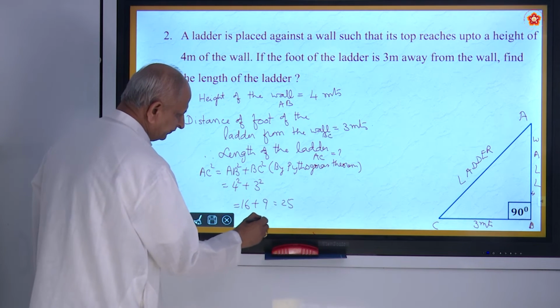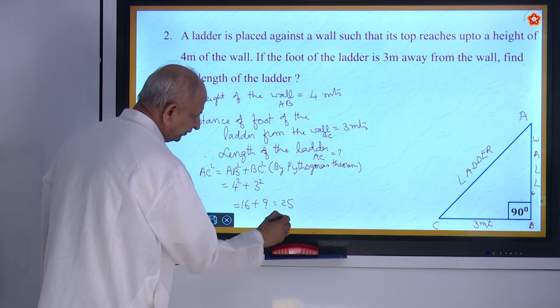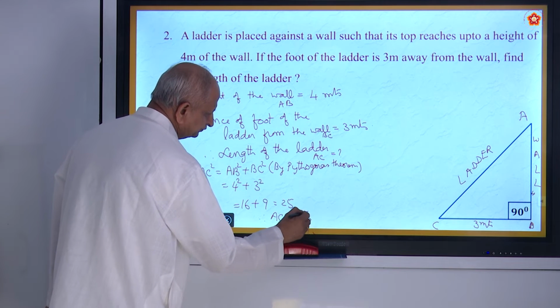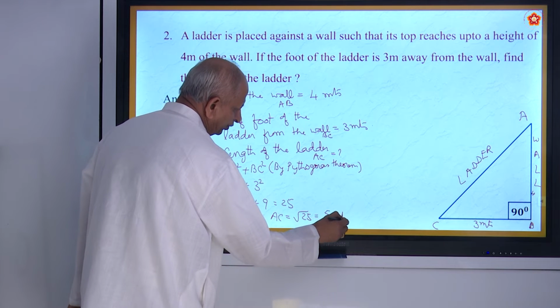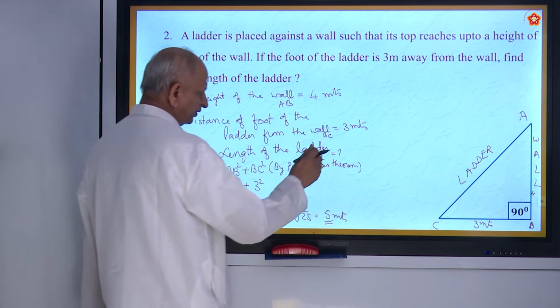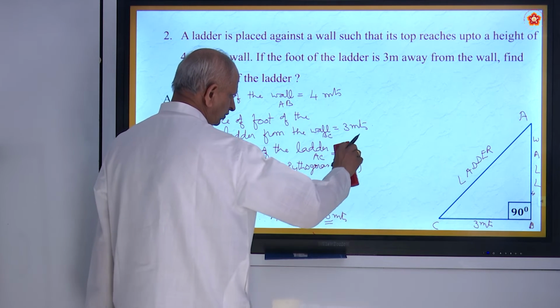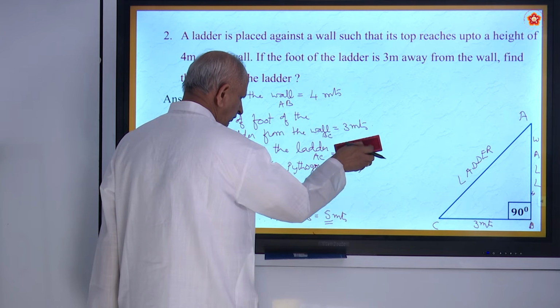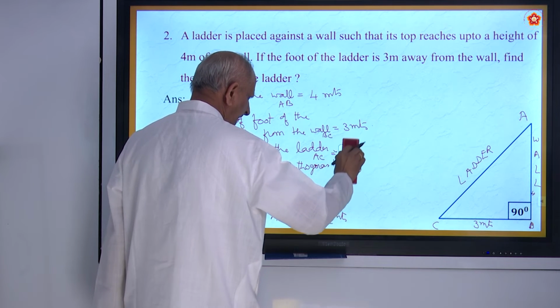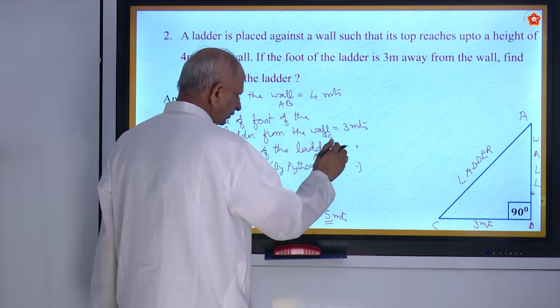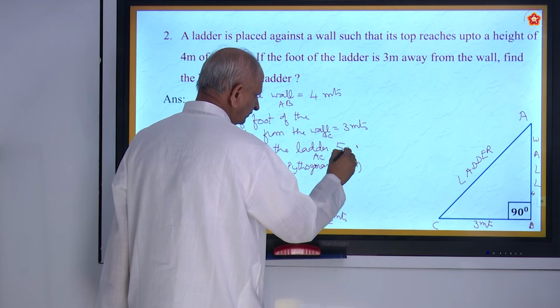So AC becomes root of 25, that is plus or minus 5. We don't take minus here. So the answer is 5 meters.